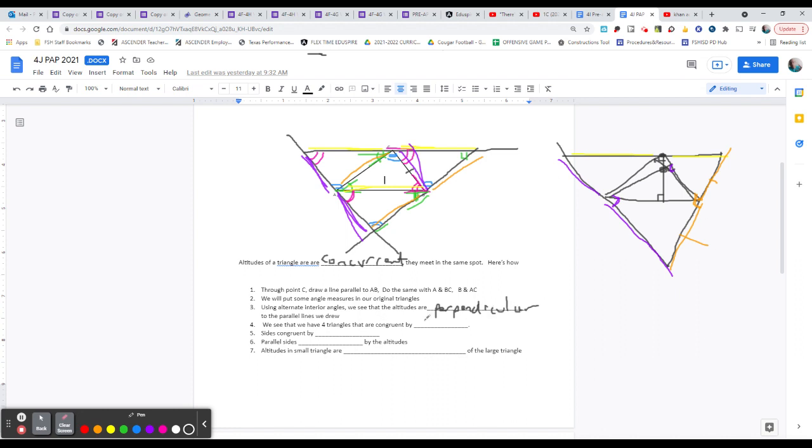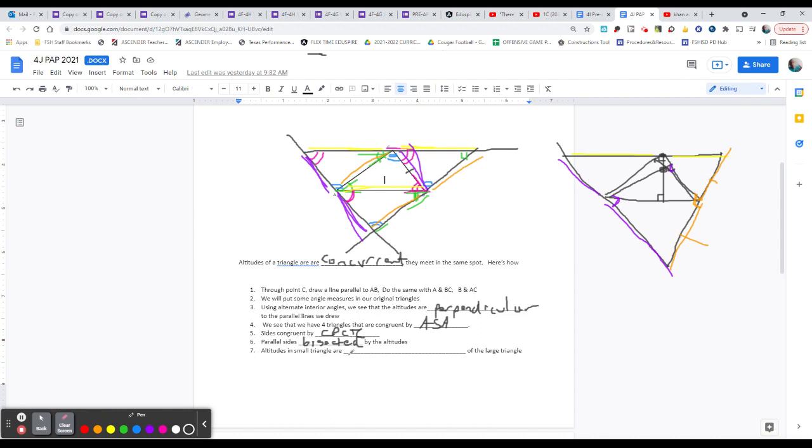All right. 4 triangles are going to be congruent by ASA because all the angles are congruent with sides in the middle. All right. Sides are all congruent by CPCTC. Okay. The parallel sides, the big lines that we draw, are bisected by the altitudes, which we kind of talked about here, yellow, yellow, yellow.